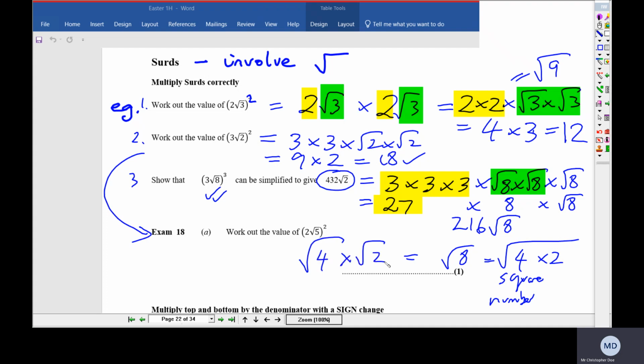What's root 4? 2. So root 8 can be simplified. Instead of root 8, you can write 2 root 2. What's 216 times 2? And then you've got your root 2 only at the end.